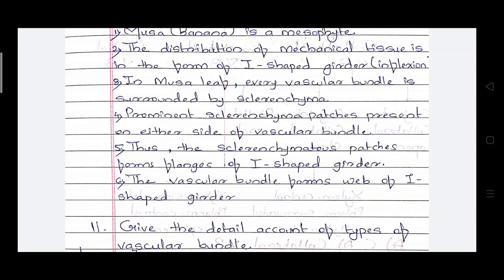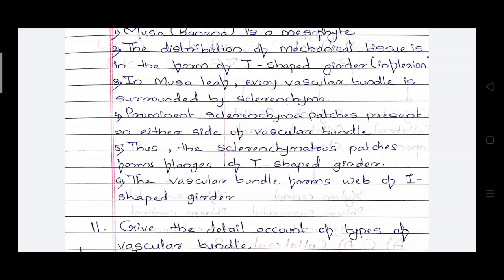Flanges means the two sloping lines, that is the flanges. So the sclerenchymatous patches in the section form the flanges, and the standing line of the eye, that is the web. This web is formed by the vascular bundles.